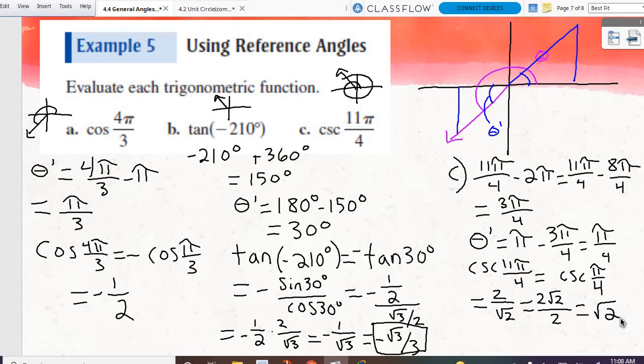We just end up with the square root of 2. Which makes sense because remember, to get square root of 2 over 2, we started with 1 over the square root of 2. So we just flipped 1 over the square root of 2, we end up with just the square root of 2. Are we all okay with that? Yes. We're almost there.